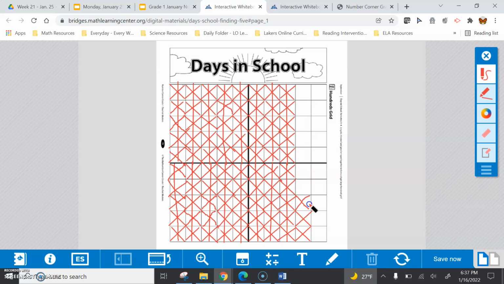If we have 83 and we're trying to get to the number 100, how many more days would we have to actually experience before we made it to 100? This is 83. Think about this.